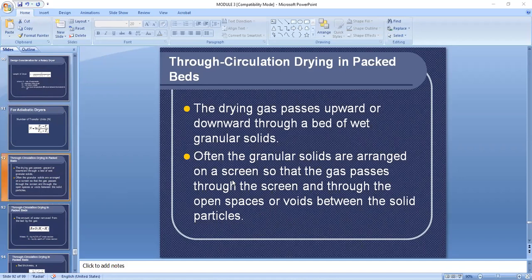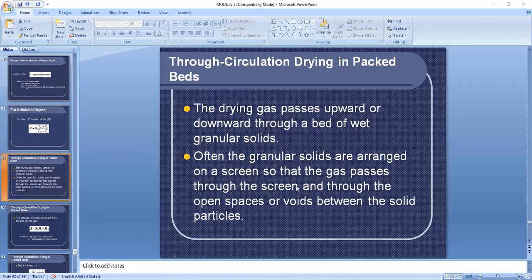So in this case, class, the air being used for drying not only passes parallel to the surface of the material to be dried, but passes through the top portion and the bottom portion of the material. It could be passing only upwards, only downwards, or both.